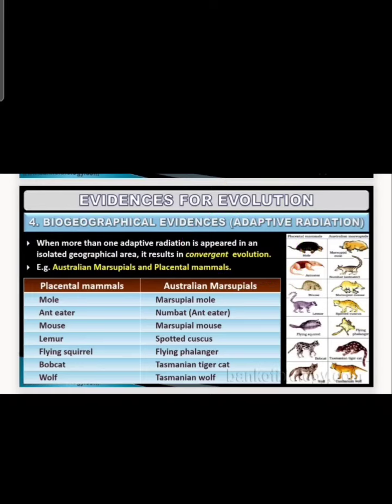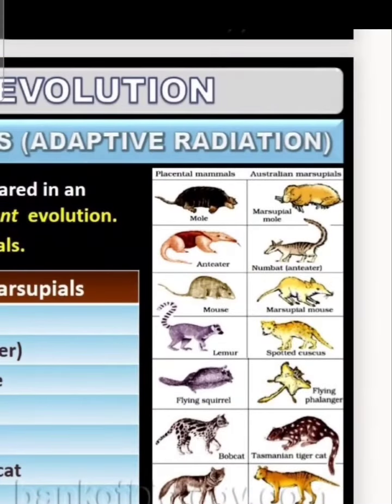For example, Australian marsupials and placental mammals. Placental mammals have the mole, and here the marsupial mole and the numbat anteater. They have different adaptability, but they have the same function.